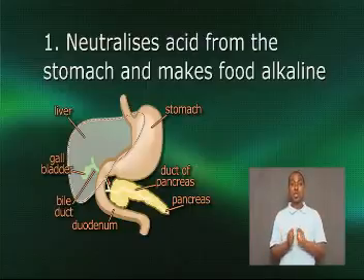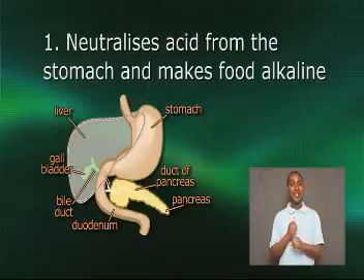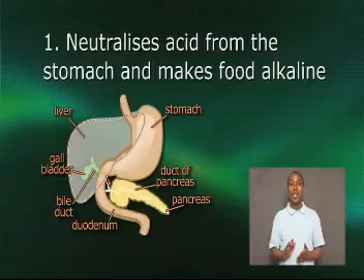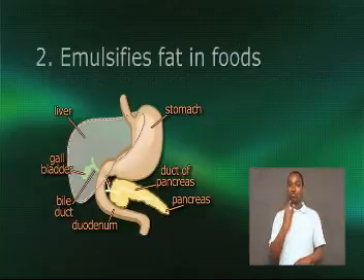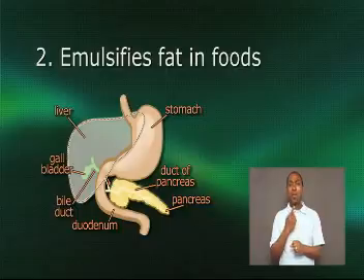Enzymes that work in the small intestine work most effectively in alkaline conditions. So this makes the small intestine an ideal environment. The second job is that it emulsifies the fat in foods.